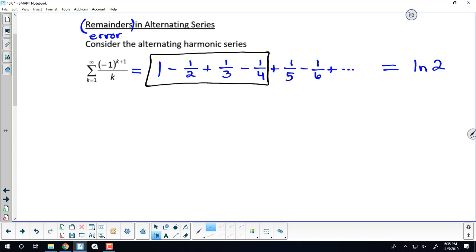So if we use the first 4 terms, this would be our 4th partial sum. And we'll call the actual value of the series just capital S for sum. What we'll call the rest of the stuff that we didn't consider, that's still contributing to the sum, we'll call our remainder.